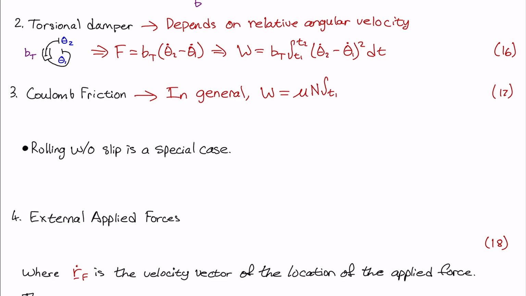This assumes that your normal force does not change with time. If you have a normal force that is changing with time, it goes inside of the integral. So in fact, let me rewrite this and bring this in because we're trying to do a general form here. So it's going to be the integral.